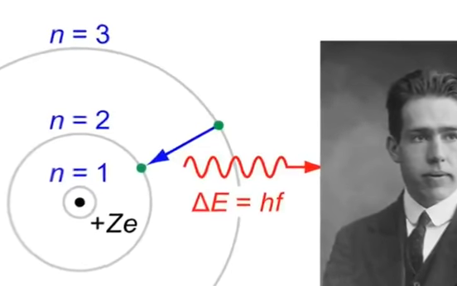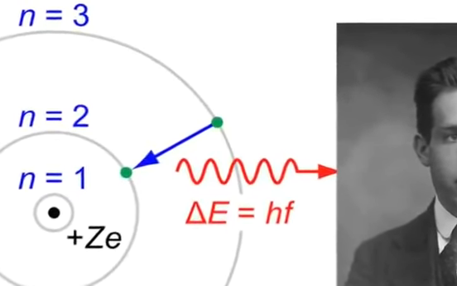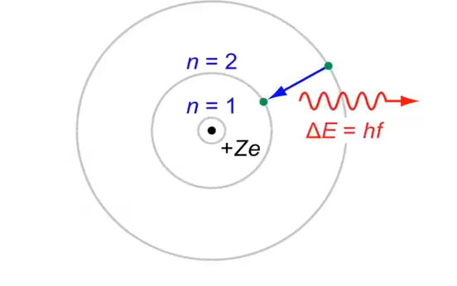radiation of absorbed energy. You know, scientist Max Planck said that energy of electromagnetic radiation emitted or absorbed is the product of h and f, where f is the frequency of the radiation and h is Planck's constant.